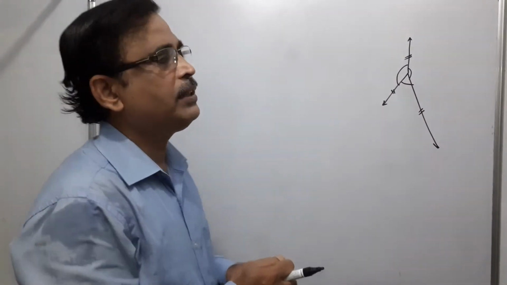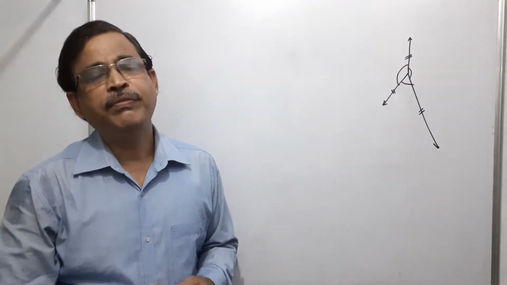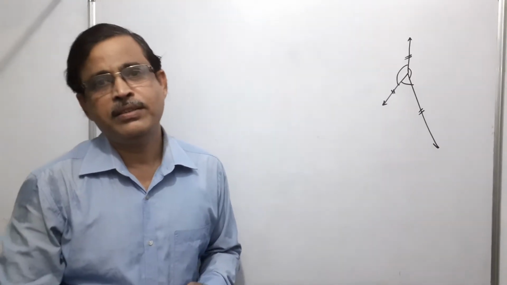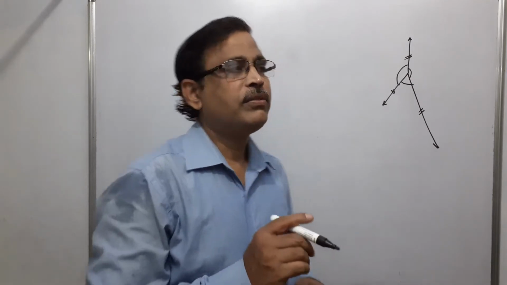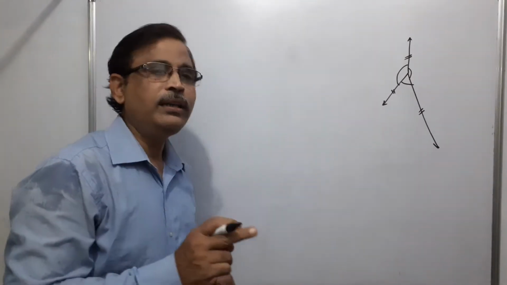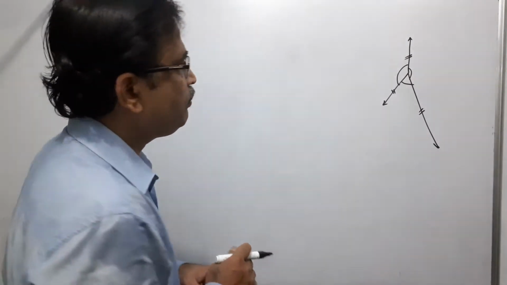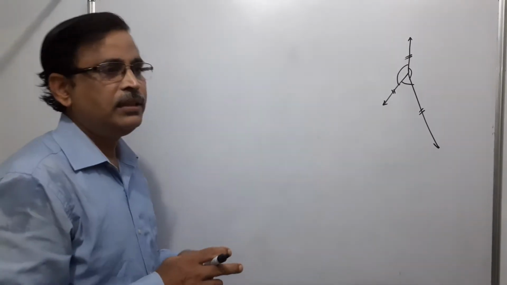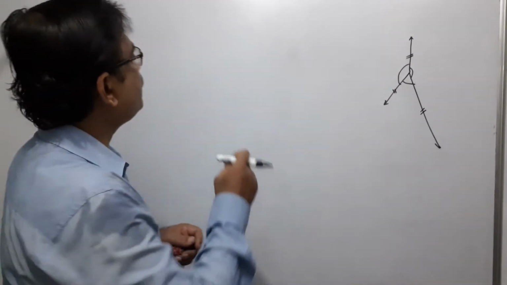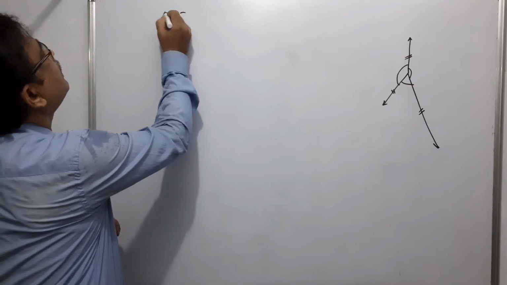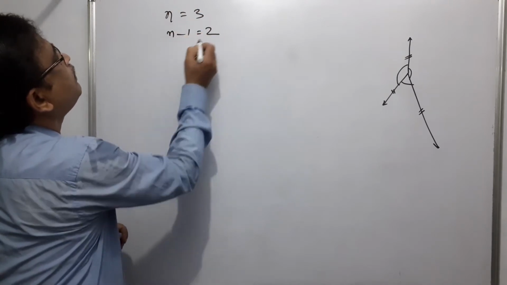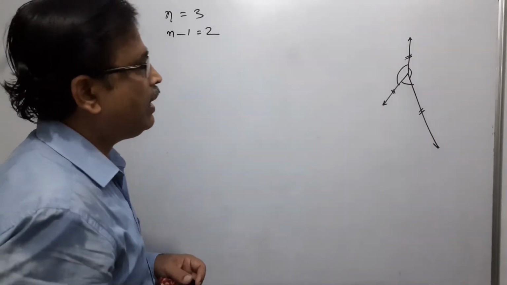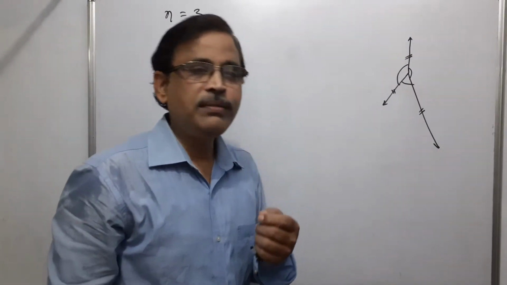Or generally, an n-phase unsymmetrical system can be resolved into n minus 1 symmetrical systems and one co-phasor system. For a three-phase system, n is equal to 3, so n minus 1 equals 2. That means two symmetrical systems and one co-phasor system.